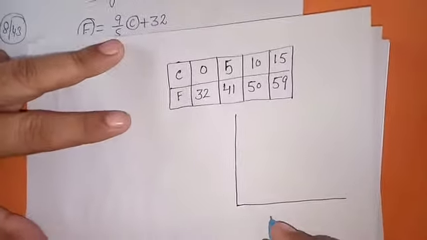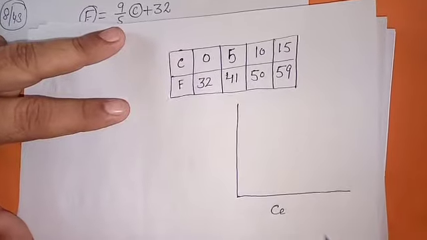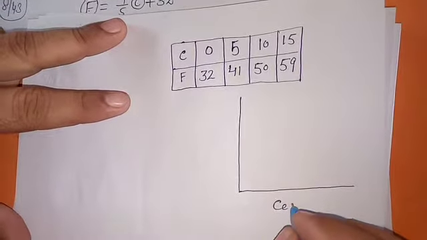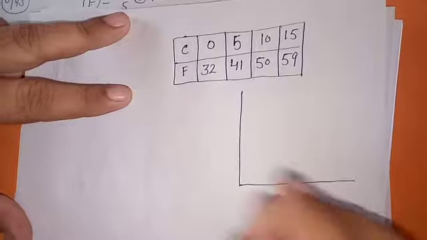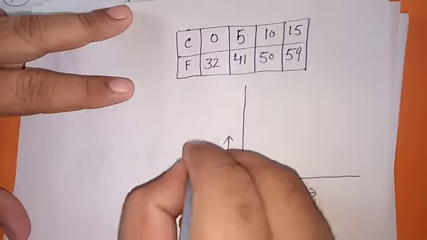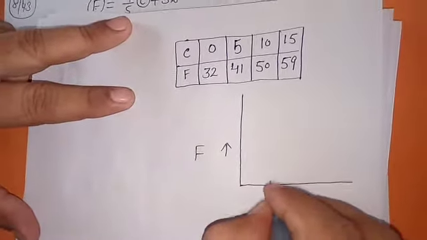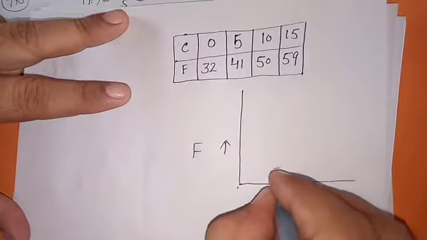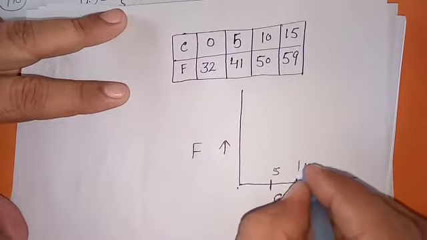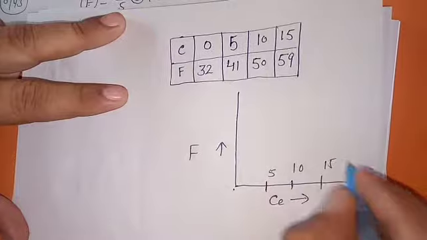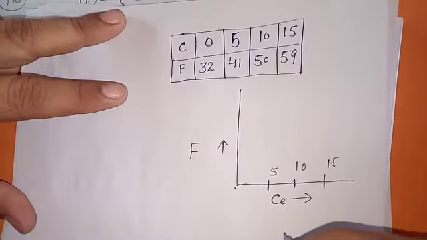Here is what? Celsius you can take in this direction, and here is what? Fahrenheit. This you can take 0, this is 5, this you can take 10, this 15, more you want to take, then 20.